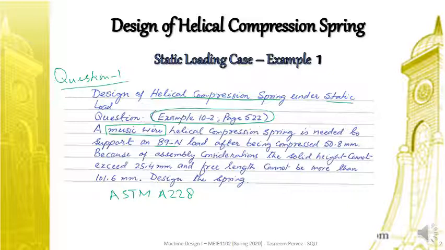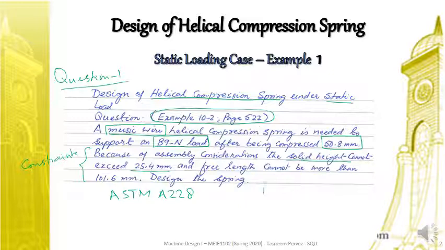The load that will act, the working load, is 89, and the working deflection is 50.8 millimeter. Here constraints are defined. What is the first constraint? The solid height cannot be greater than 25.